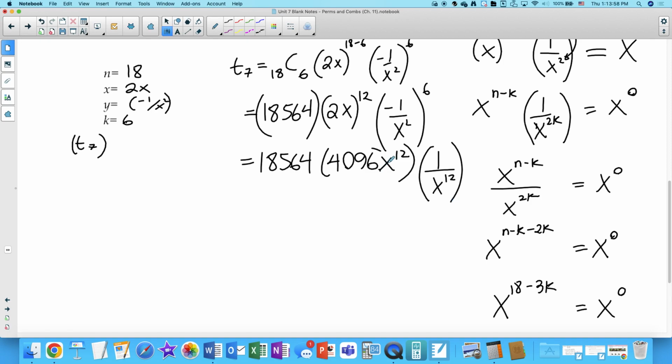So we end up with just 18,564 times 4,096. And the constant term in this case is 76,038,144. It's a very large number.